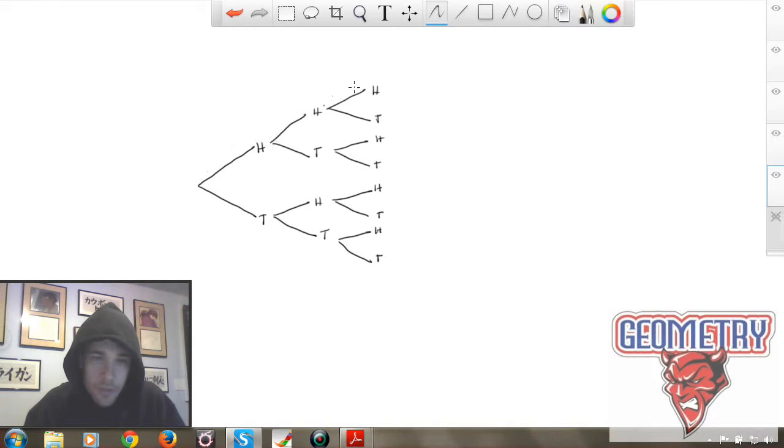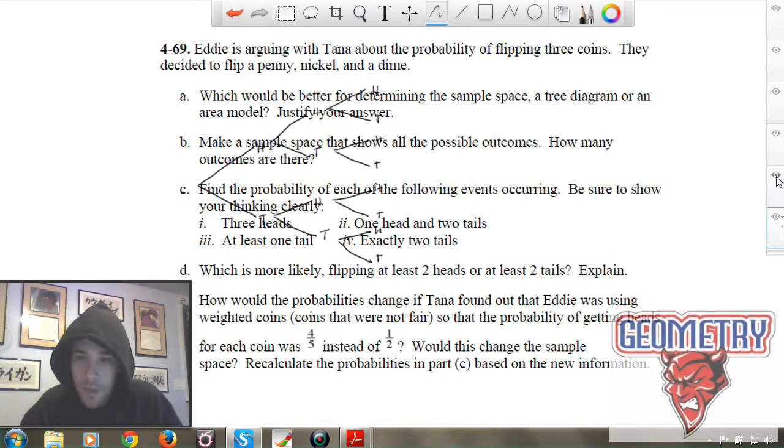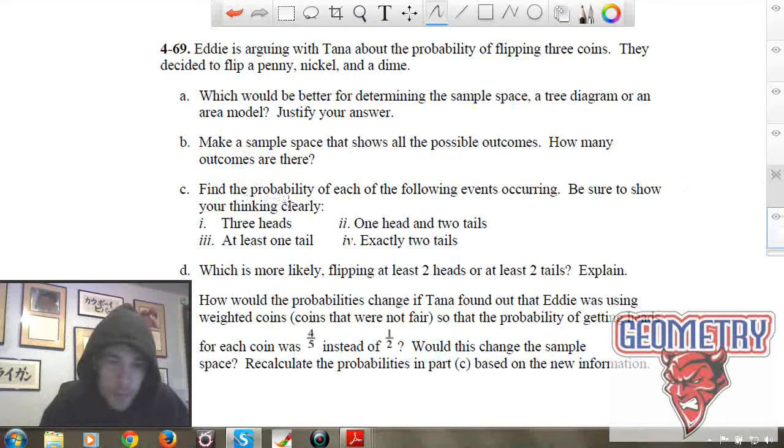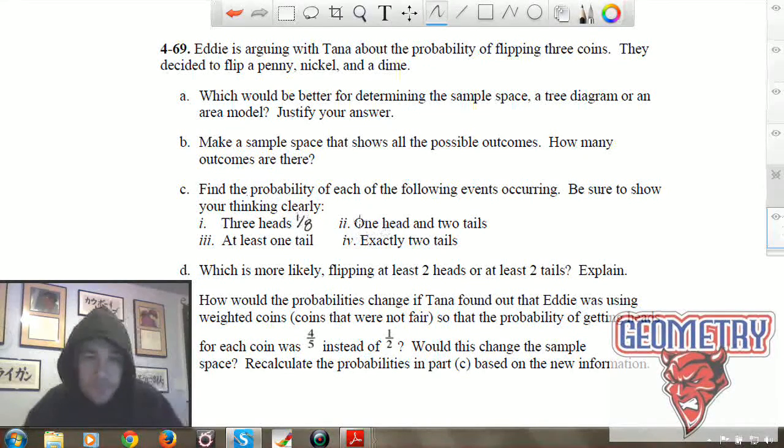So there's that one, there's that one, that one. So there's one instance here where 3 heads are flipped. So that is 1 out of 8 possibilities. So let's go back, write that in. So the probability of 3 heads is 1 out of 8.